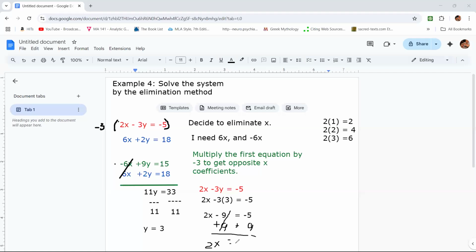So here you get 4. And you divide by 2, which I'm going to sneak down here and divide by 2. And you get x is equal to 2.